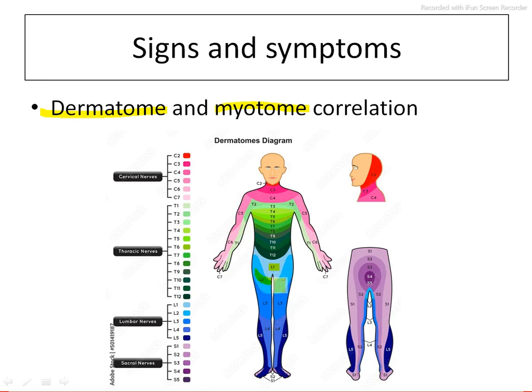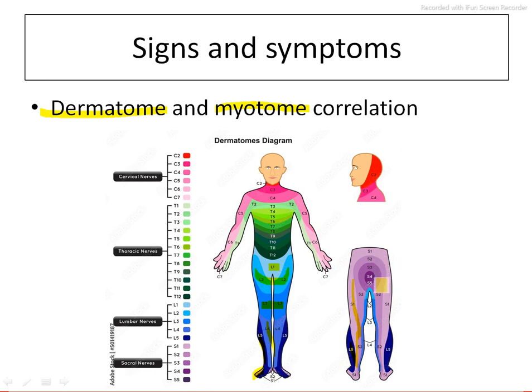Similarly, this is your L2 level, L3 anterior mid thigh level, lower thigh, L4 medial side, lateral aspect of the leg, L5, S1 outer aspect of the sole, inner sole, and you see here outer thigh and middle of the leg. So L5 you can see here also, and S1, S2, S3, S4 and S5.